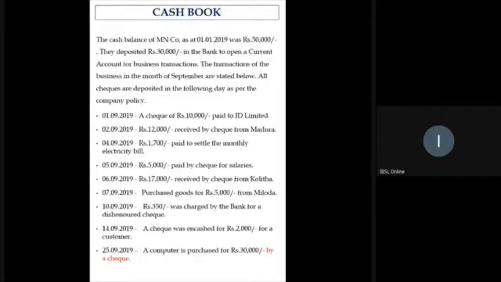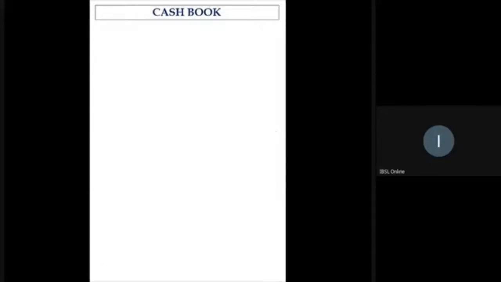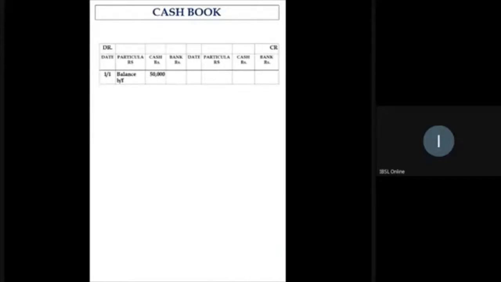In this question there is no discount allowed or discount received, so I have eliminated that also. If you don't have any information, it is okay to eliminate those columns. It is not a must that you have all those columns. We are just doing it for practice, but it's very doubtful that you get it in the exam, like prepare to draw up a cash book.